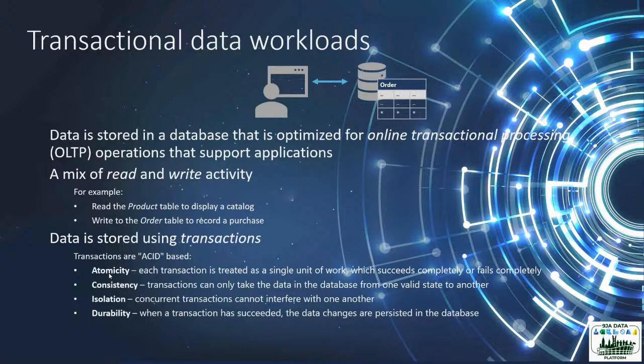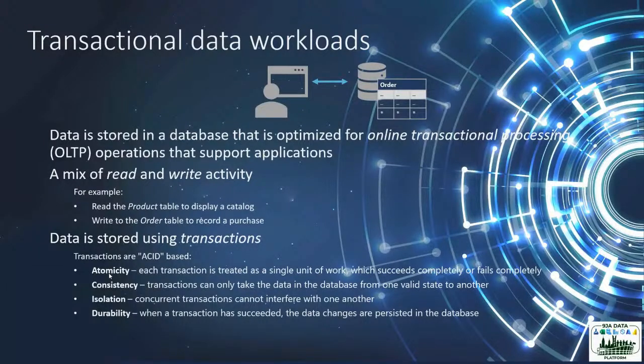If one state fails, it cannot move to the next. Isolation: concurrent transactions cannot interfere with one another. Even though we are placing an order for the same product at the same time, it doesn't mean it will affect each other.